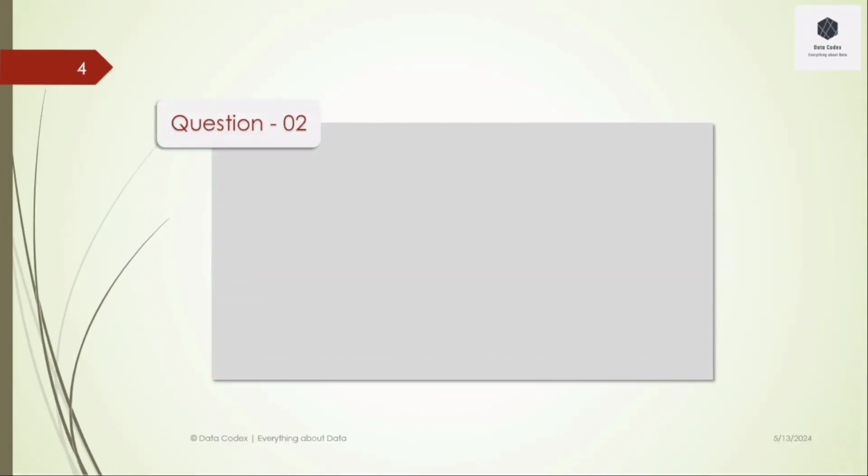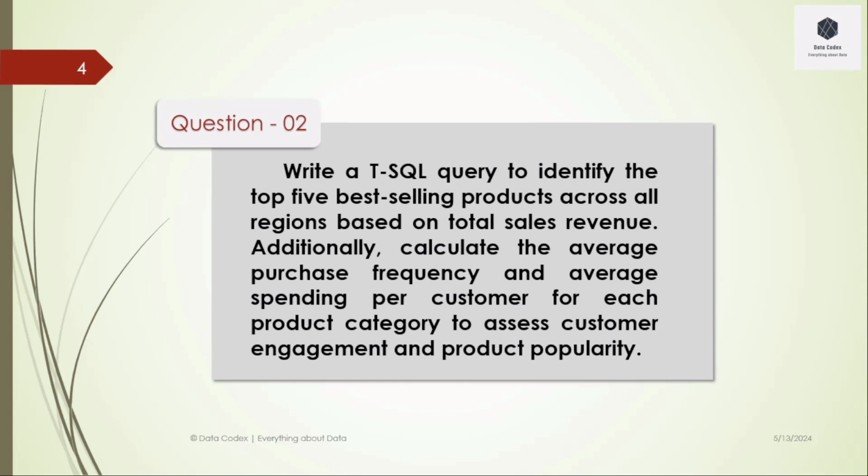Let me explain the second question. We are going to write a T-SQL query to identify the top 5 best selling products across all regions based on total sales revenue. Additionally, calculate the average purchase frequency and average spending per customer for each product category to assess customer engagement and product popularity. So in this we are going to find the top 5 best selling products, not the category.